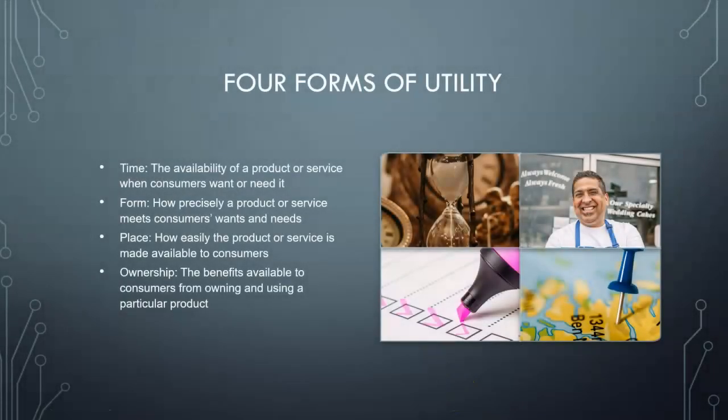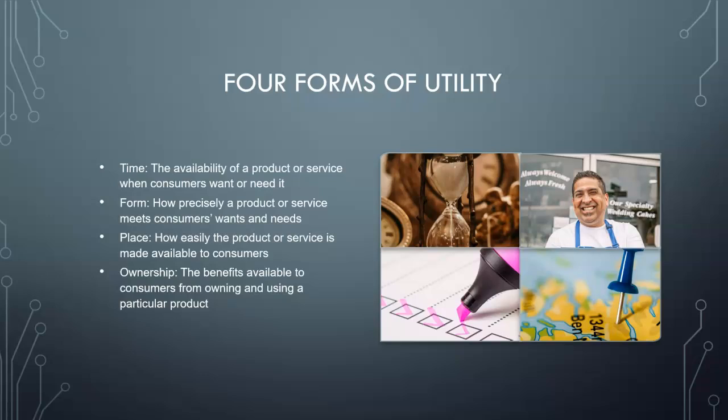The four forms of utility defined. Time is the availability of a product or service when consumers want or need it. If you go into a grocery store and they're out of milk, that's not a good thing if you are looking for milk.